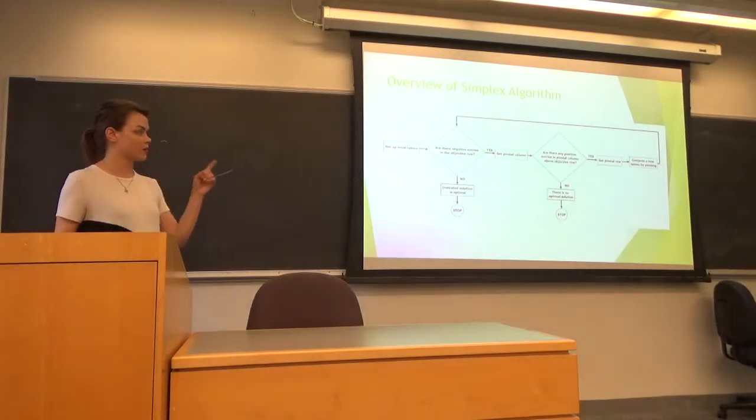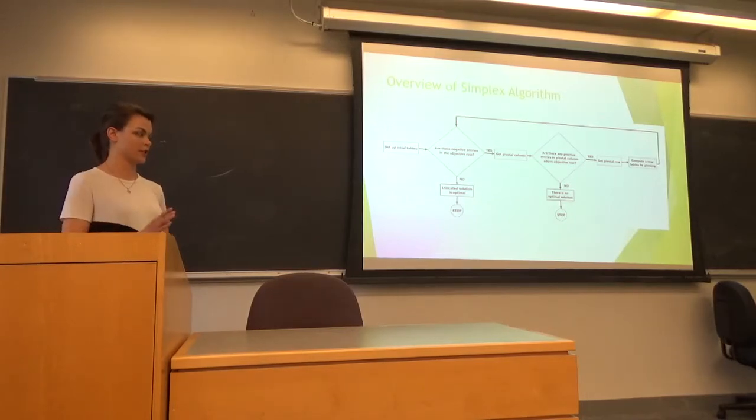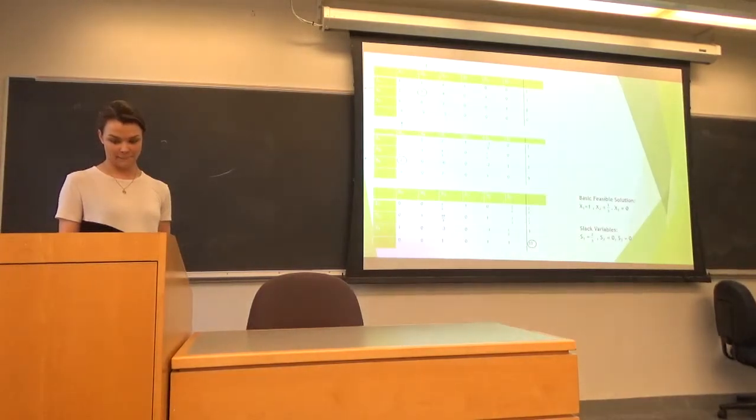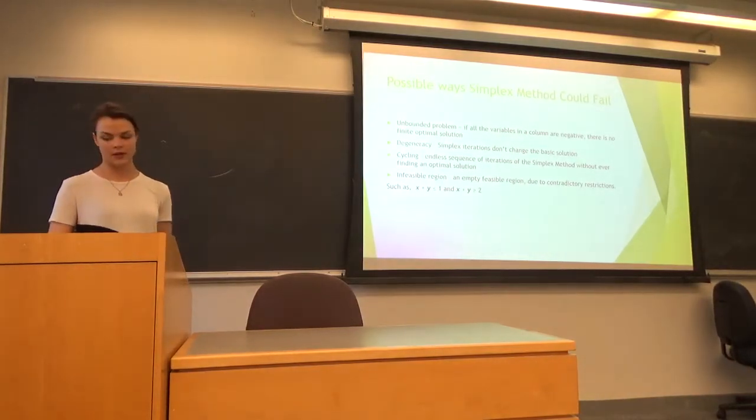However, when we get a pivot column, we have to see if there are any positive entries in the pivot column to use with the ratios. We can't use any negative numbers. If there aren't any positive values to compute the ratios, then there's no optimal solution, and we would stop. Some possible ways that the simplex method could fail is if it's an unbounded problem.